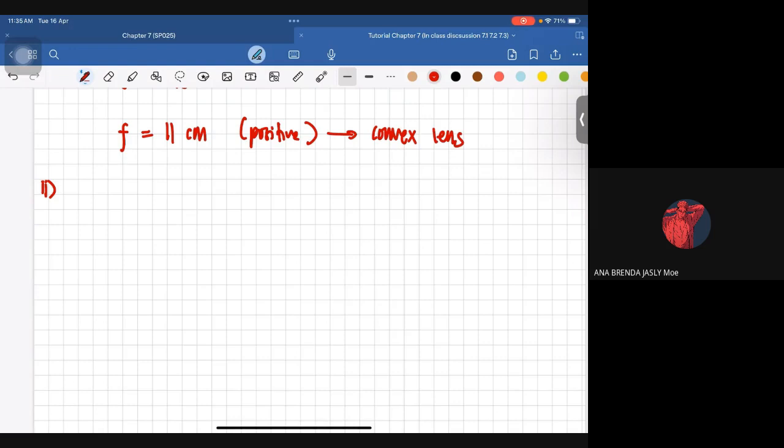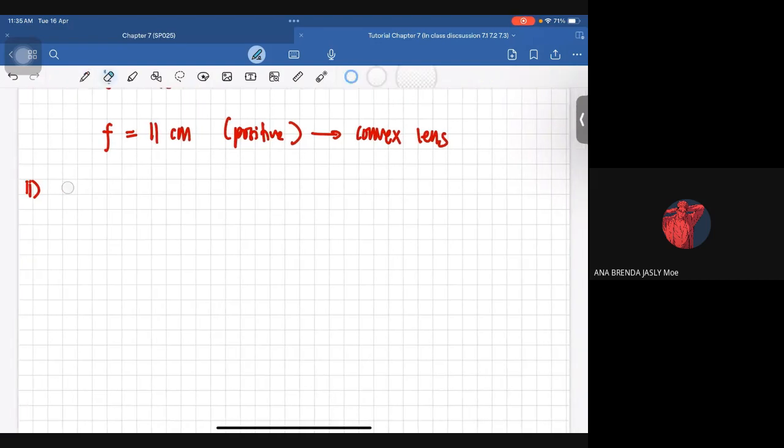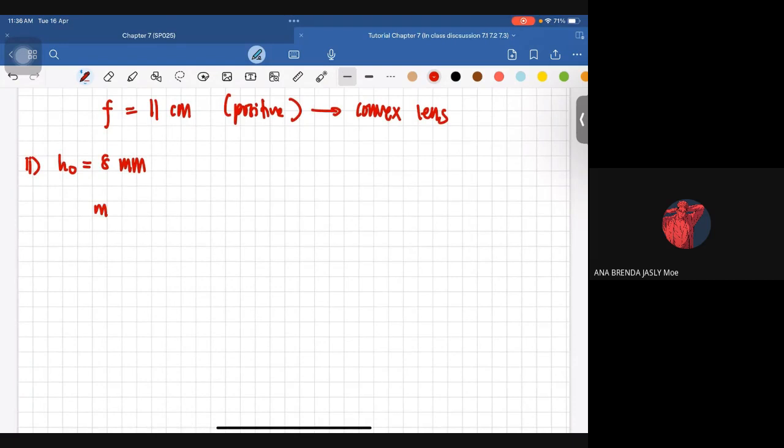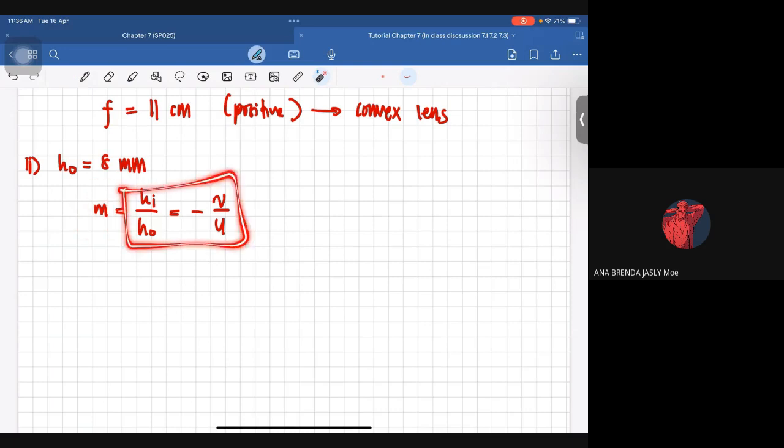Patutlah dia dengar. Okay, so sekarang ni kita punya height of object is 8 millimeter. Okay, so we have to determine the height of the image. So the only formula yang we can use is height of image divided by height of object equals negative V over U. So we are going to use this formula. Tapi since magnification value ni kita tiada, so we have to use this two lah. Okay.